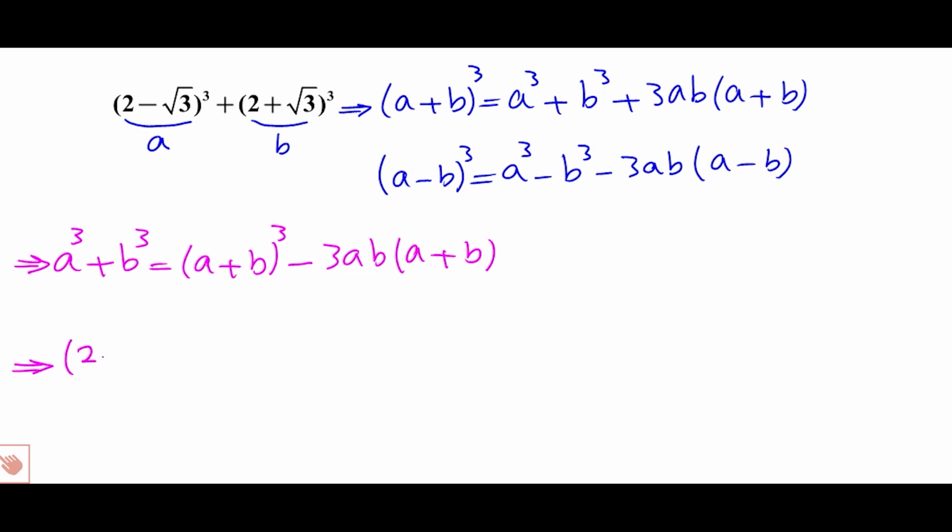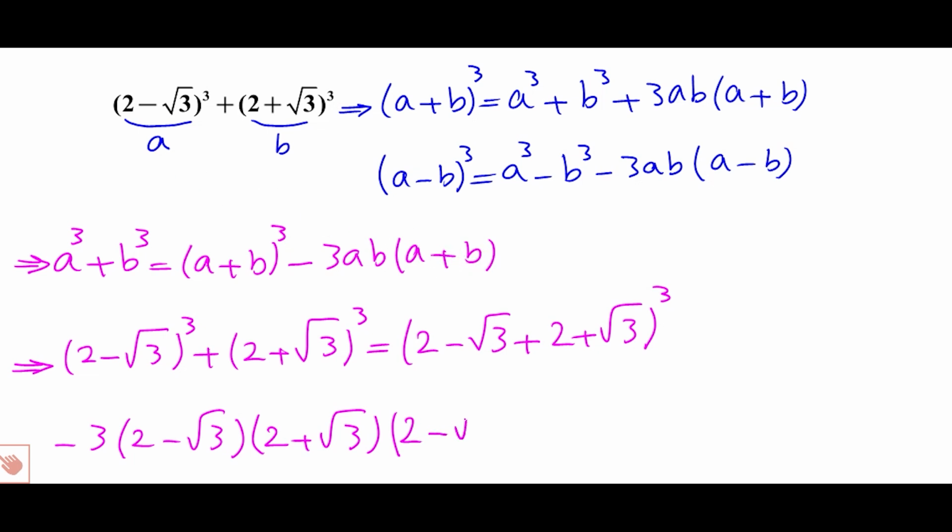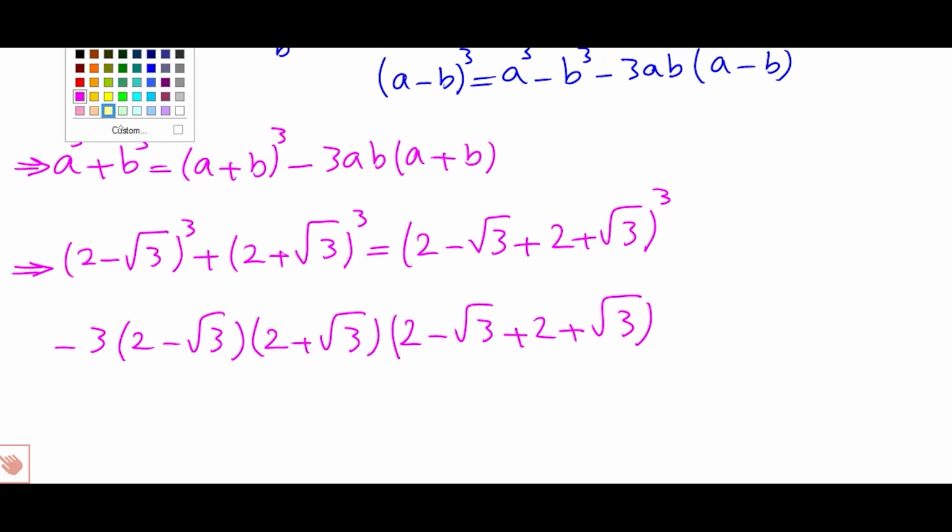So 2 minus root of 3 whole cubed plus 2 plus root of 3 whole cubed is equal to 2 minus root of 3 plus 2 plus root of 3 whole cubed, minus 3 times 2 minus root of 3 times 2 plus root of 3, times a plus b, which is 2 minus root of 3 plus 2 plus root of 3.